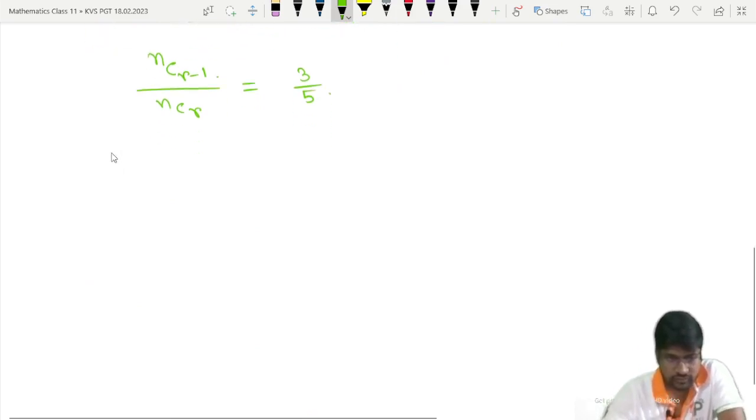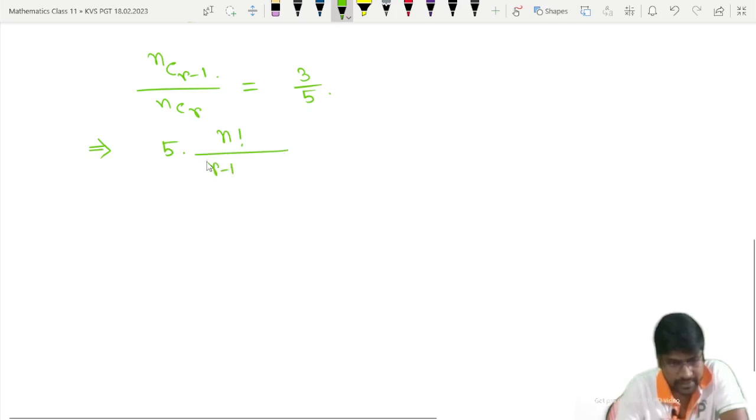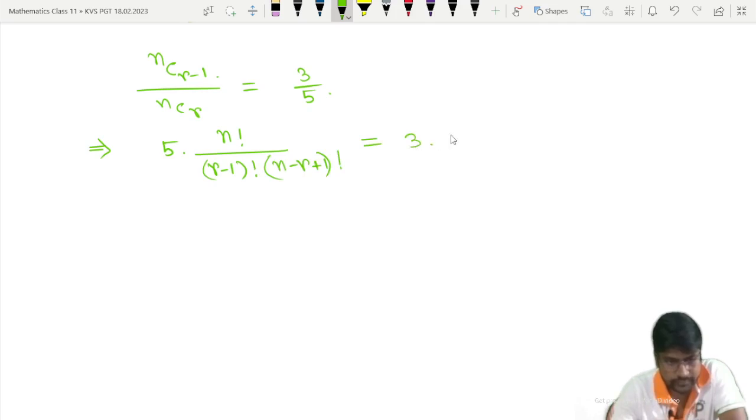Again we have to calculate in the same way. So 5 into nCr minus 1. Let me write directly, factorial n divided by factorial r minus 1 into n minus r plus 1. Similar calculation we will do. And this side 3 into n factorial divided by factorial r into factorial n minus r.